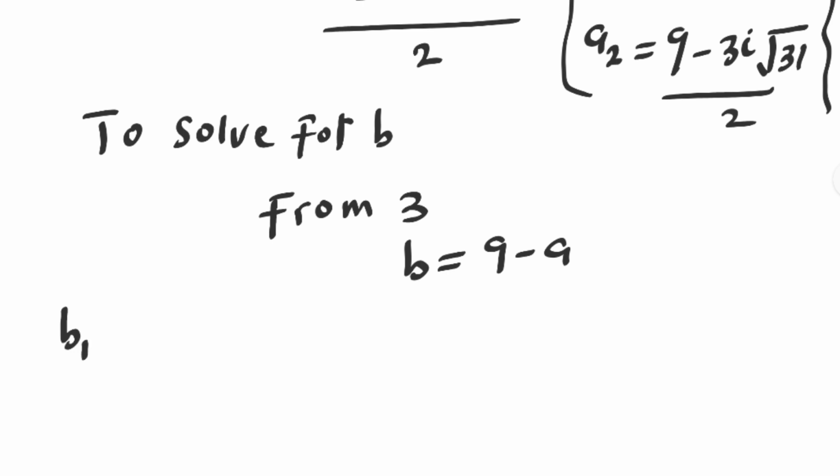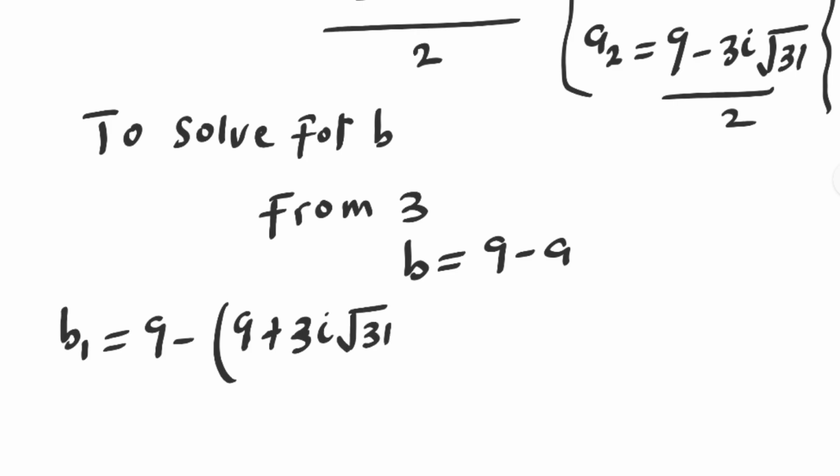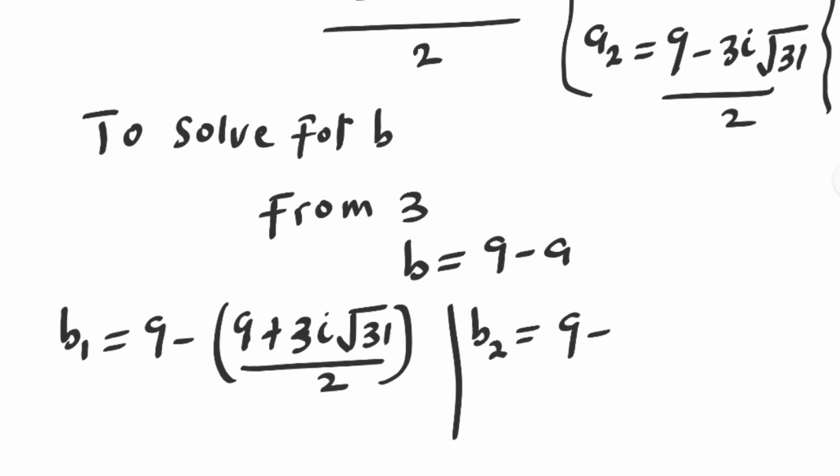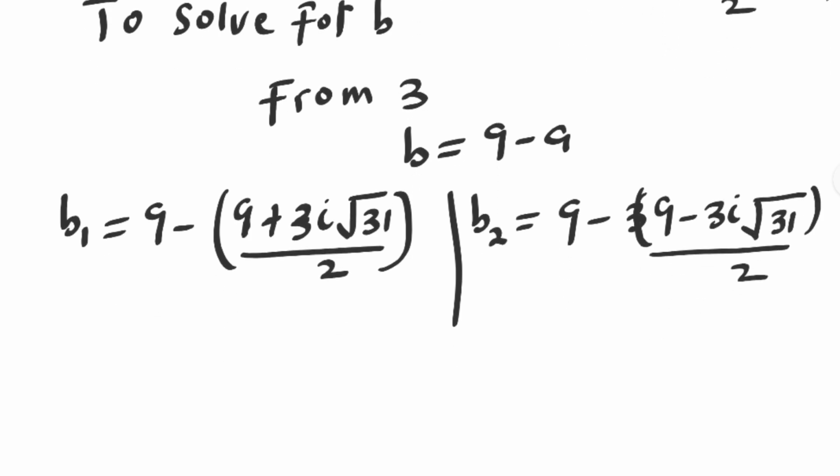Now b1 is equal to 9 minus a1, that is 9 minus bracket 9 plus 3i root 31 over 2, and b2 is equal to 9 minus bracket 9 minus 3i root 31 over 2. Then b1 is equal to, this is over 1.